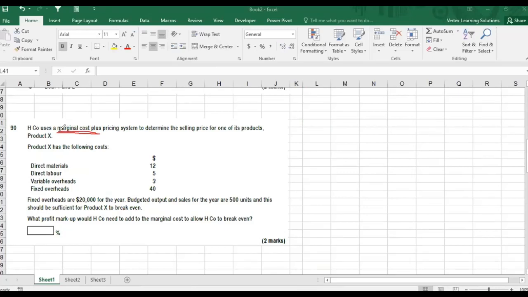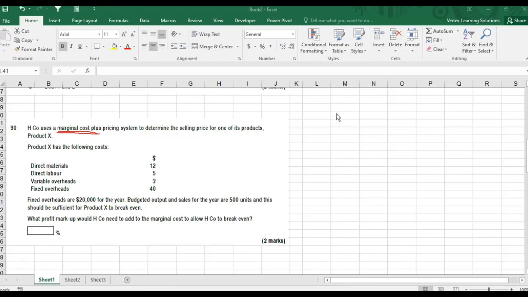the price. To determine the selling price for one of its products, product X, the product has the following cost: material 12, labor 5, variable overhead 3, fixed overheads 40. Fixed overheads are $20,000 for the year. Budgeted output and sales for the year are 500 units, and this should be sufficient for product X to break even. What profit markup would the company need to add to the marginal cost to break even?